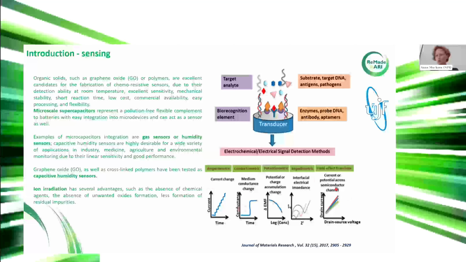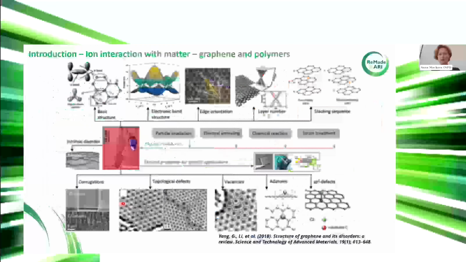You can also choose what device you would like to construct, and then you can choose the signal which you will detect, and you will have different kinds of devices which can be used for sensing.